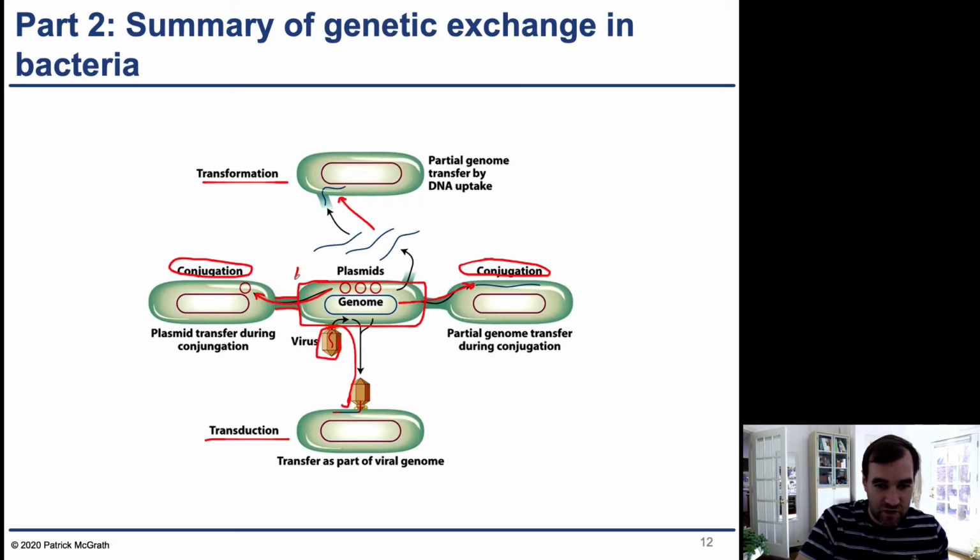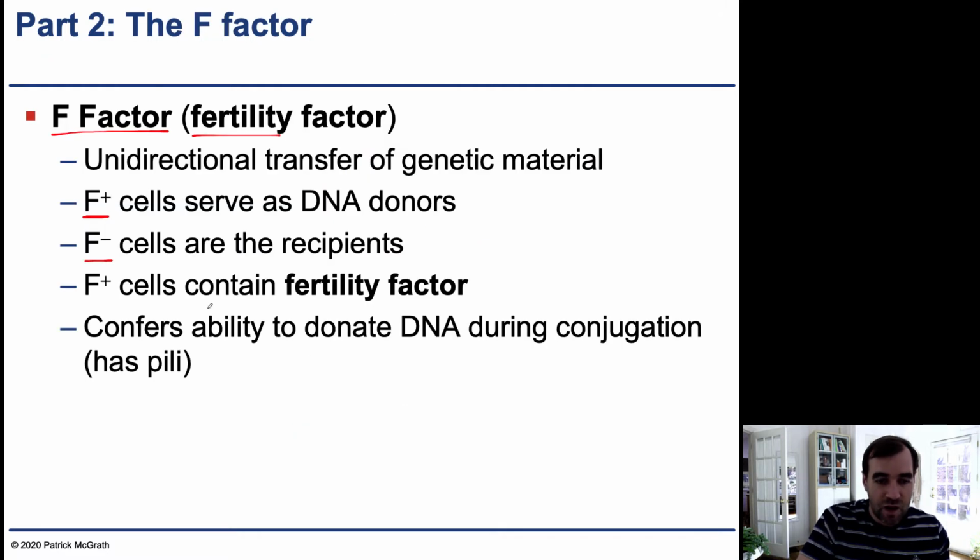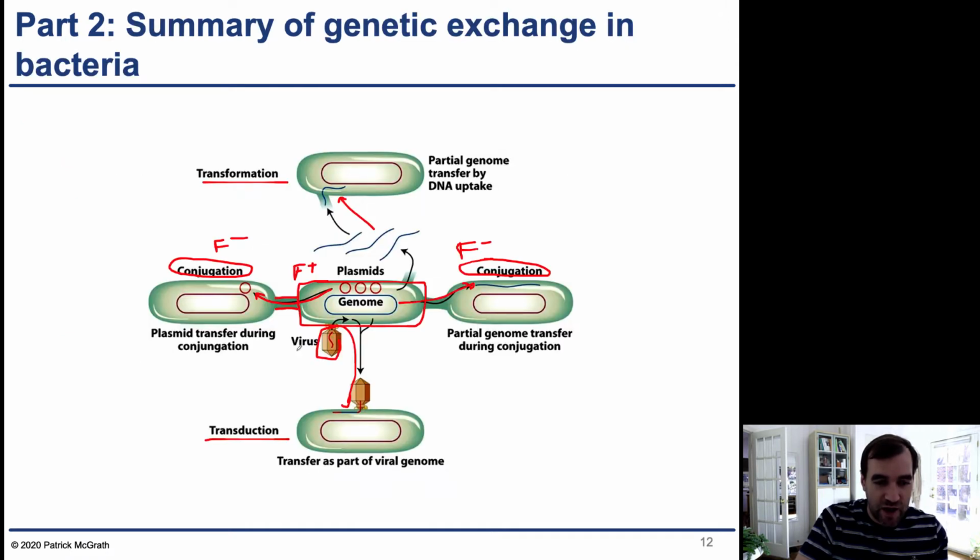So in this case, the way we've drawn this here, this would be the F plus cell right here. And then this would be an F minus cell. And in this case, this would be an F minus cell. F plus cells confer the ability to donate DNA during conjugation, and that is because they're able to actually construct these pili.